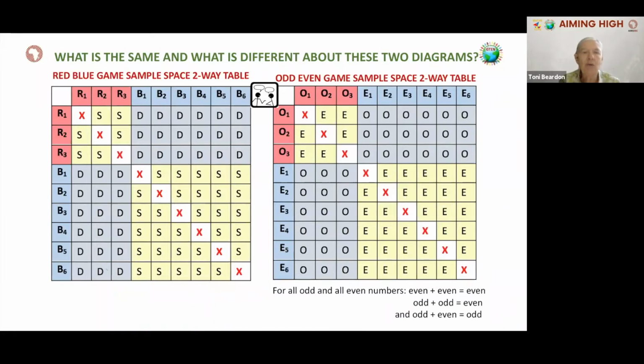So the one on the left is the red-blue game, and the one on the right is the odd-even game. And in each case, we've got the 2-way table. So look at the tables closely and what's the same and what's different.